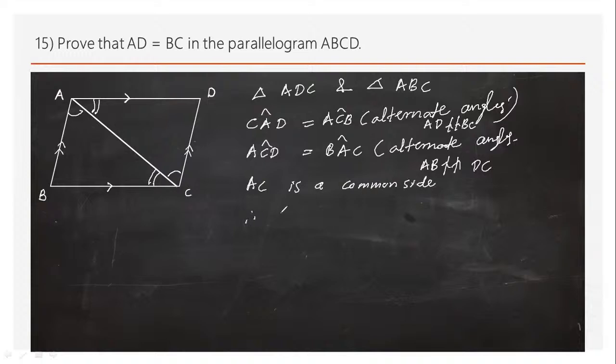So what is the situation? Triangle ABC is congruent to triangle ABC, angle-side case. So we can write corresponding elements of congruent triangles are equal.